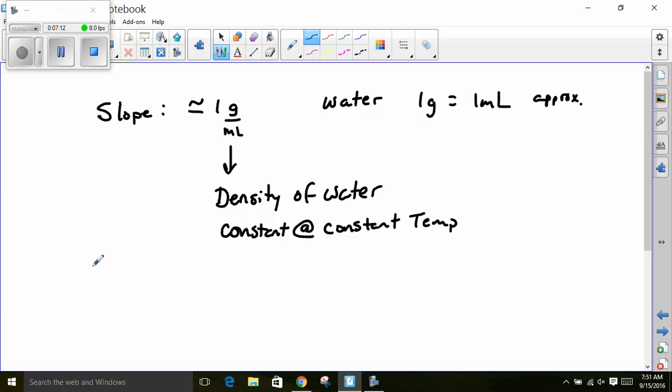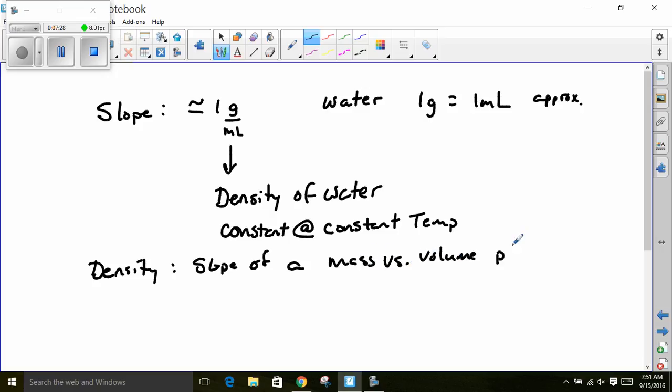The term density, first of all, we know that we can say that density is the slope of a mass versus volume plot. Secondly, since it's the slope of a line, it must be constant, which means it's valuable.